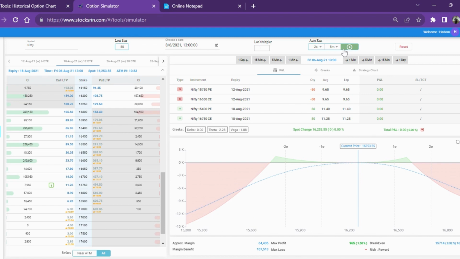And another good thing about this website is that I can just autoplay, so I can auto run the trade, and whenever I need to make the adjustment, I'll pause at that point and we'll make the adjustment. Okay, so let me just change it to 1 second, and now let's autoplay.